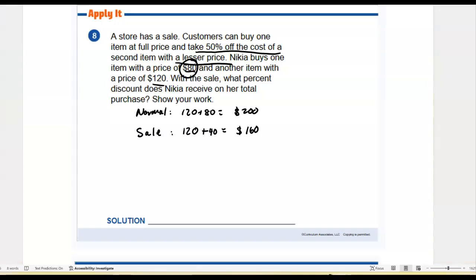The sale price would have been 160 over 200. This is 0.80. So she didn't receive an 80% discount. No. She paid 80% of the total price. So therefore, 100 minus 80, she got a 20% discount. 20% discount for everything.